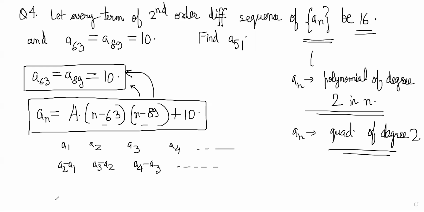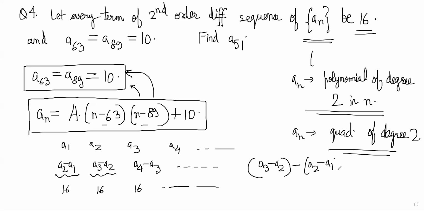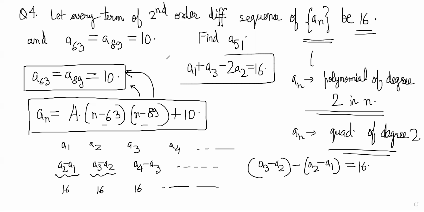And the second order difference sequence will be 16, 16, 16. That is what is given in the problem. So the difference of this and this is 16, right? So we know a3 minus a2 minus a2 minus a1 is equal to 16. That means a1 plus a3 minus 2a2 is equal to 16, right? Since the second order difference sequence is 16, we are just saying that a1 plus a3 minus 2a2 is 16.